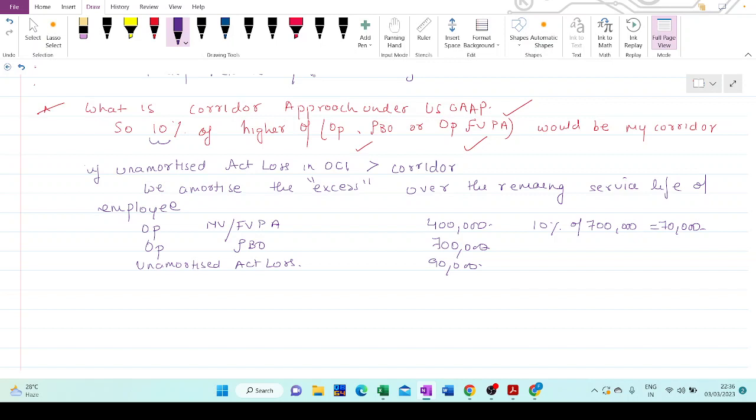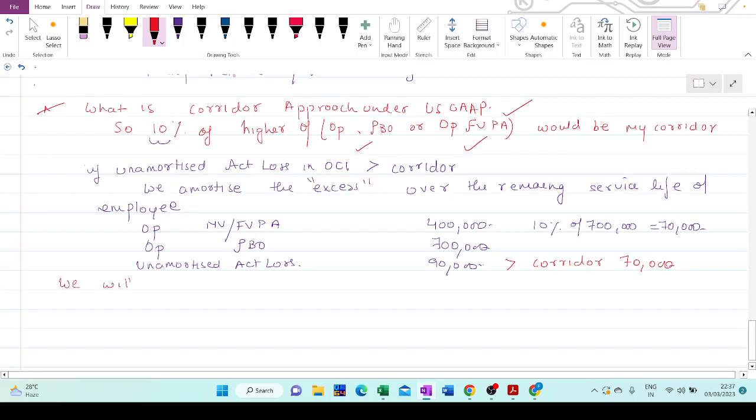So my unamortized actuarial losses exceed the corridor by how much, guys? 90,000 minus 70,000, which is 20,000, right? Now we will have to amortize this 20,000.